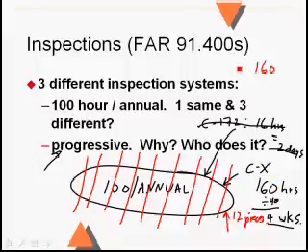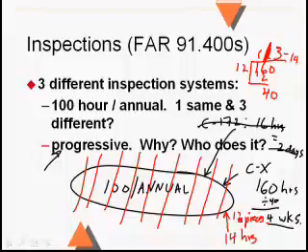Well, 12 goes into 160 about 13 or 14 times, so we'll just say it takes 14 hours to get this 12th of the 100-hour annual inspection done. If you divide that by 8 hours a day, that's a little under 2 days of labor. So now the airplane's only out of service for 2 days at a time.